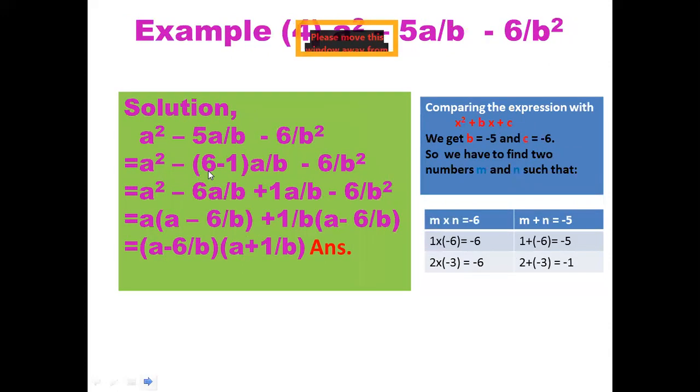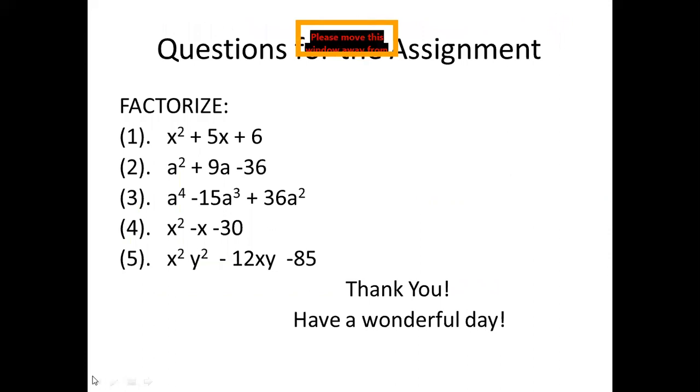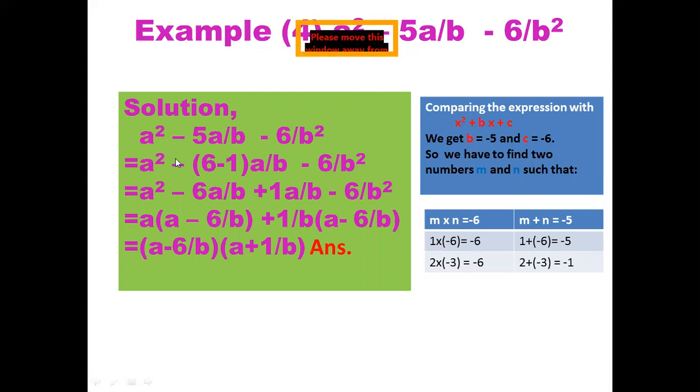Example number 4. In this example, look, there is a square minus 5ab minus 6b square. That means we have to break this. Here b equals minus 5 and c equals minus 6.